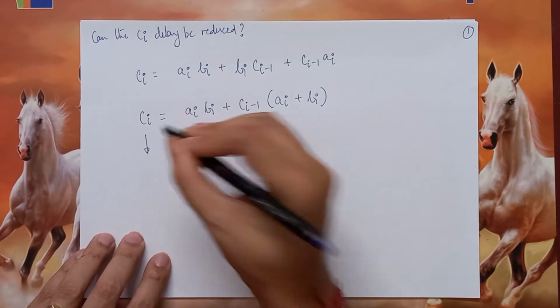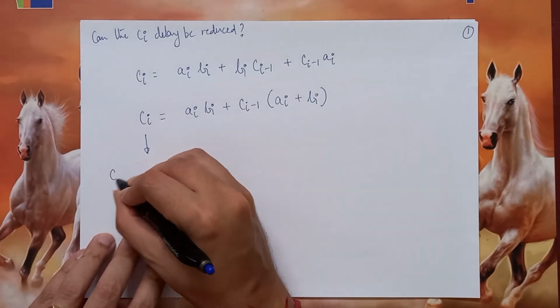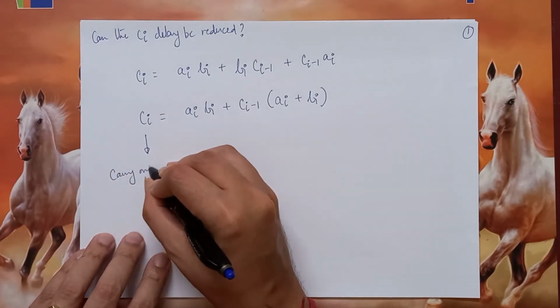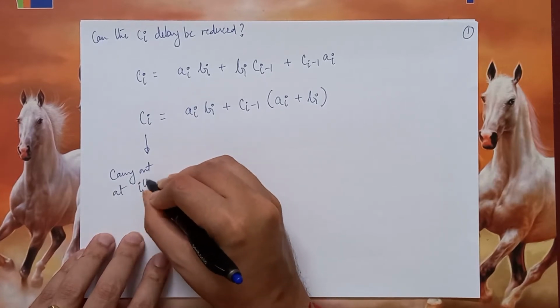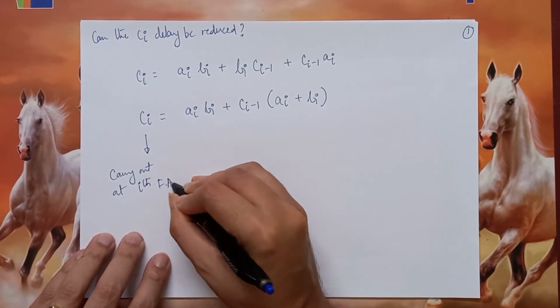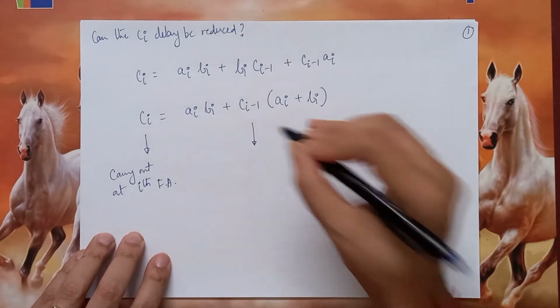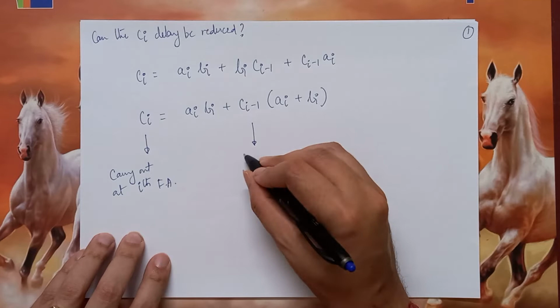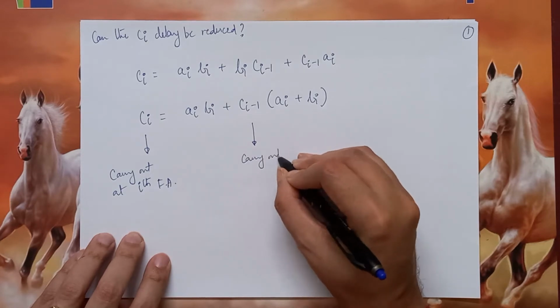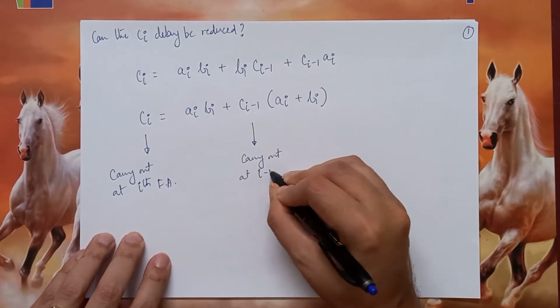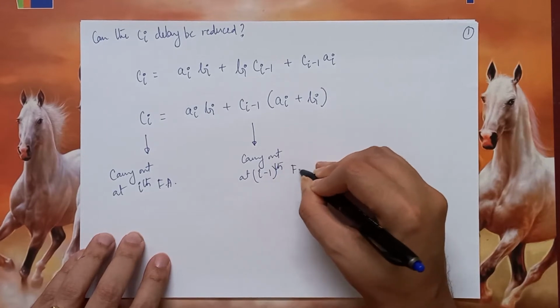Now, this is nothing but the carry out at the ith stage, or the ith full adder. Ci minus 1 is the carry out at the I minus 1th full adder.